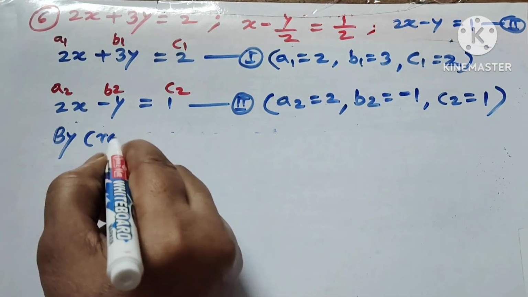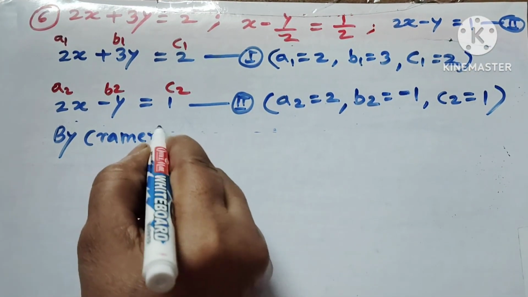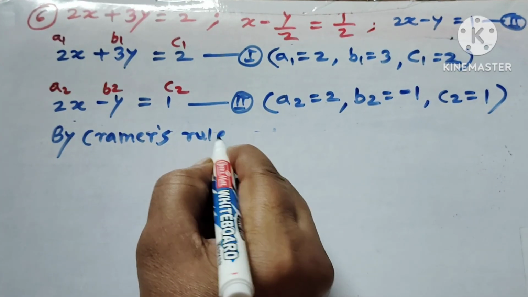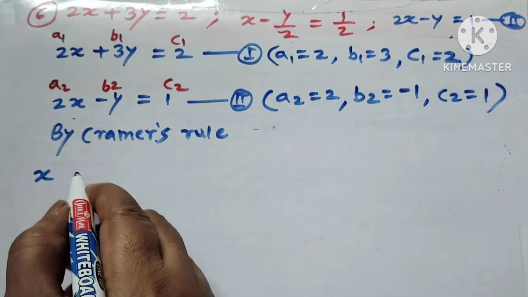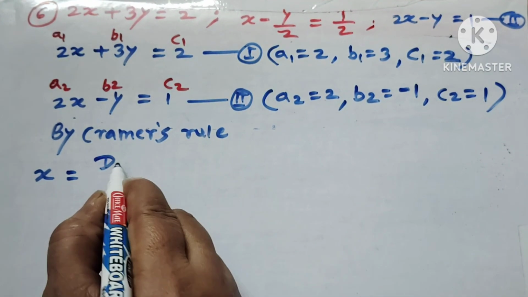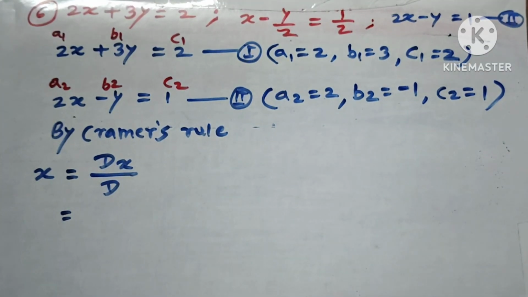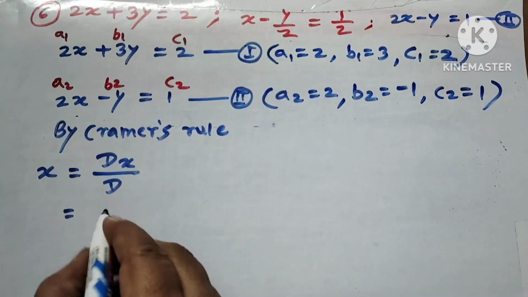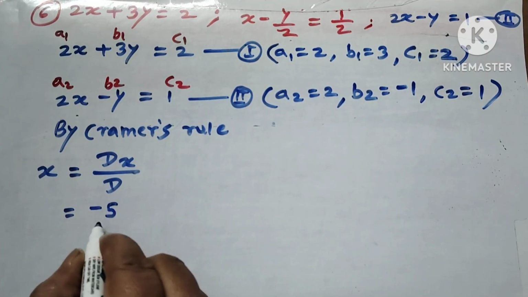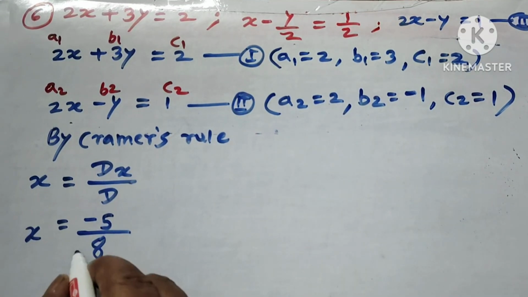Cramer's rule. x is equal to dx upon d is equal to value of dx minus 5 upon minus 8.